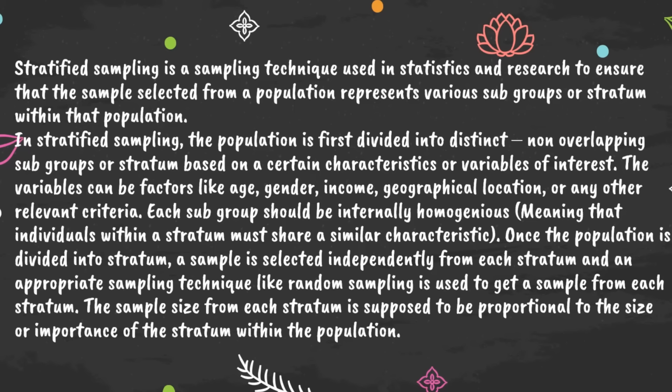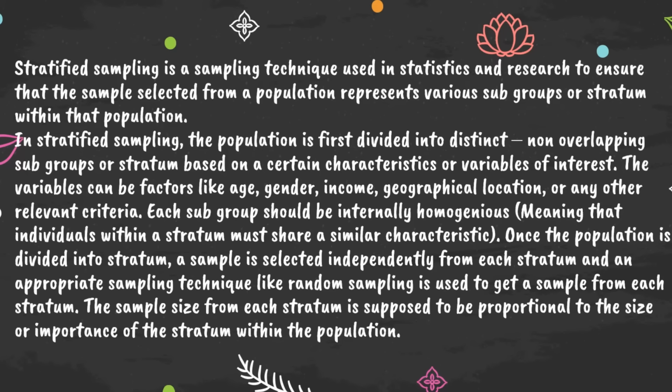You can use tribe, the region where they come from, the country, or gender, whatever characteristic you choose. These variables can be factors like gender, income, geographical location, or any other relevant criteria.